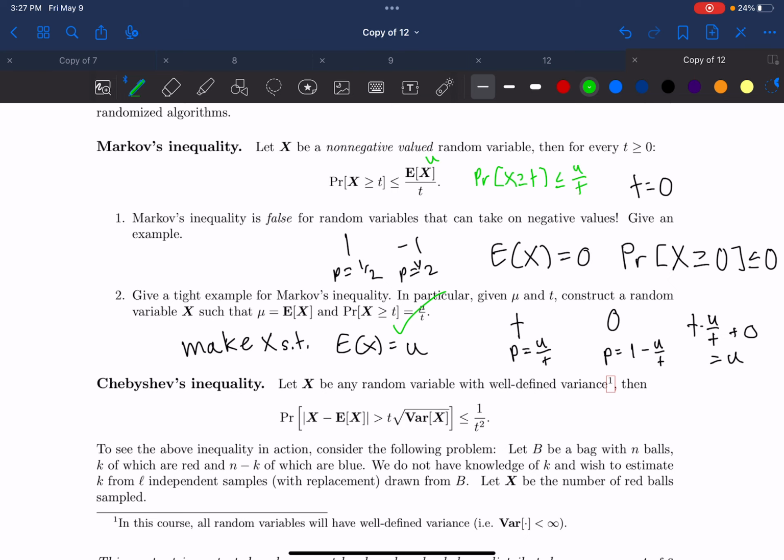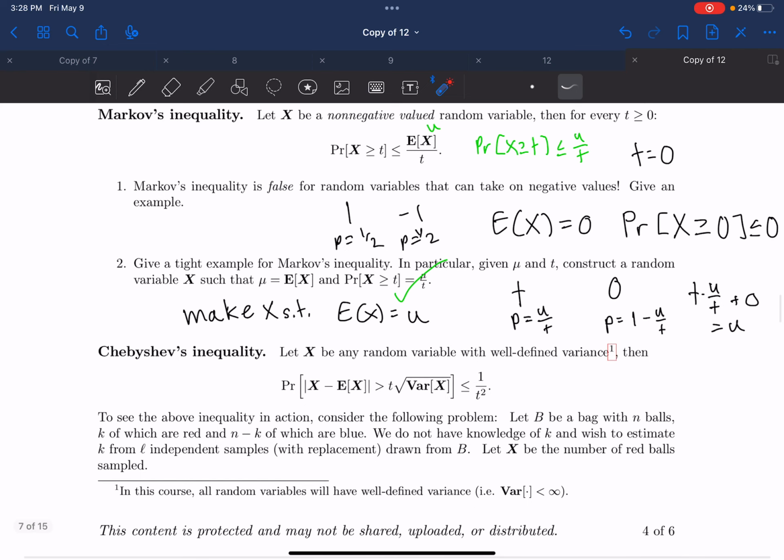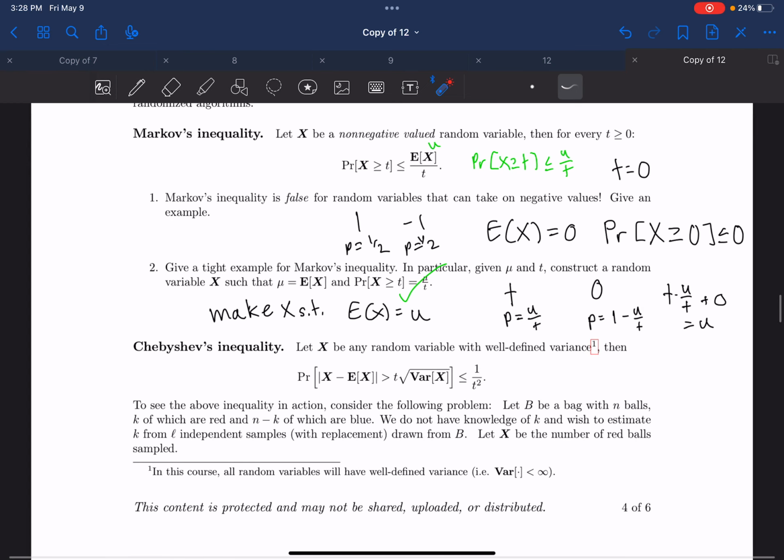And then if we look at our random variable that we have defined here, the probability that x is greater than or equal to t, well, the only option here is equal to t, right? So the chance that this occurs is directly mu over t. So that's a tight constraint on this. That is a way we have constructed our random variable in order to make this true.